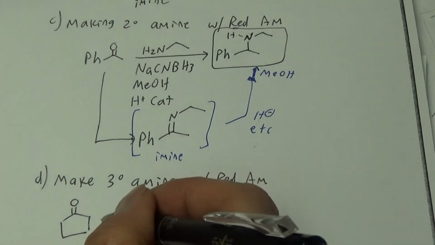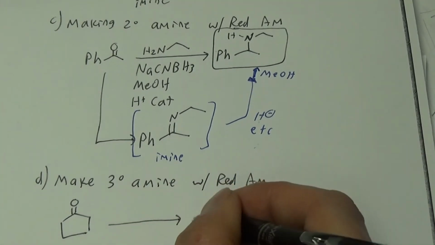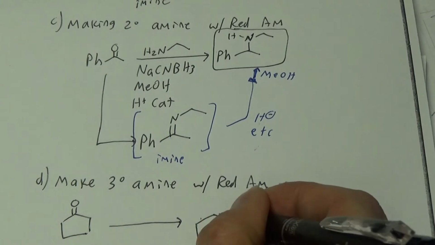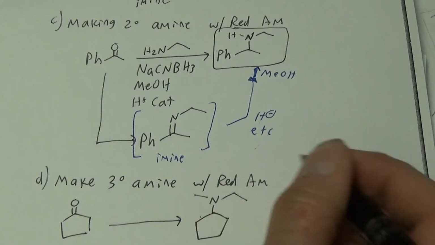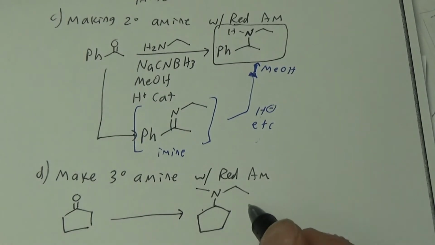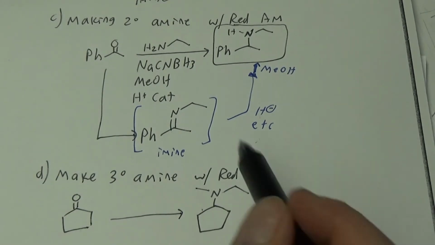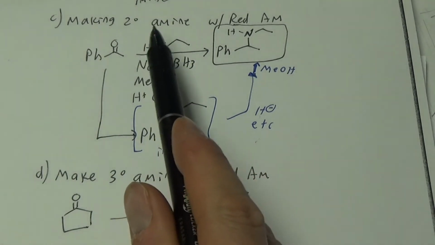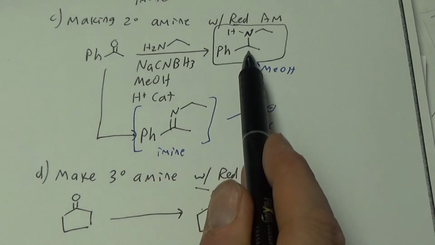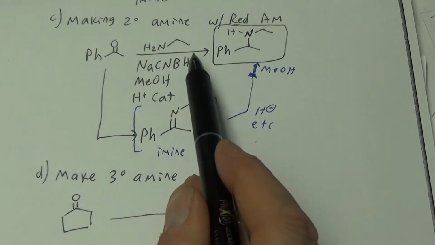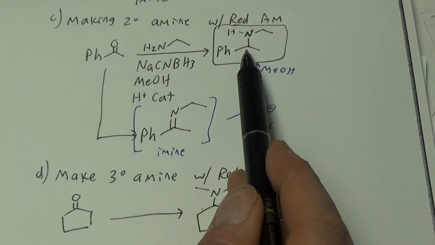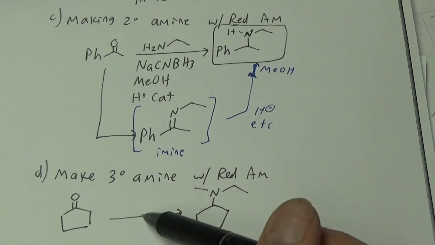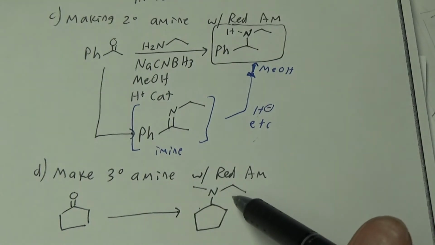What kind of amine am I going to react with to make a tertiary amine? I'll make methyl ethyl. That's a nice tertiary amine. Up here we used a primary amine and the product was a secondary amine. So here, what kind of amine is in and what kind is out?